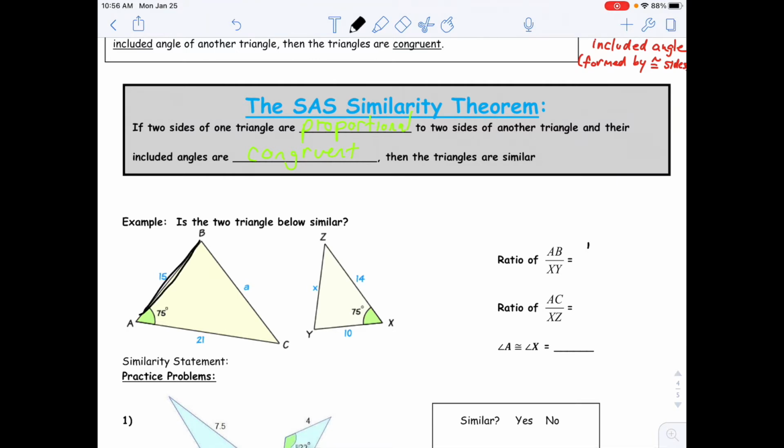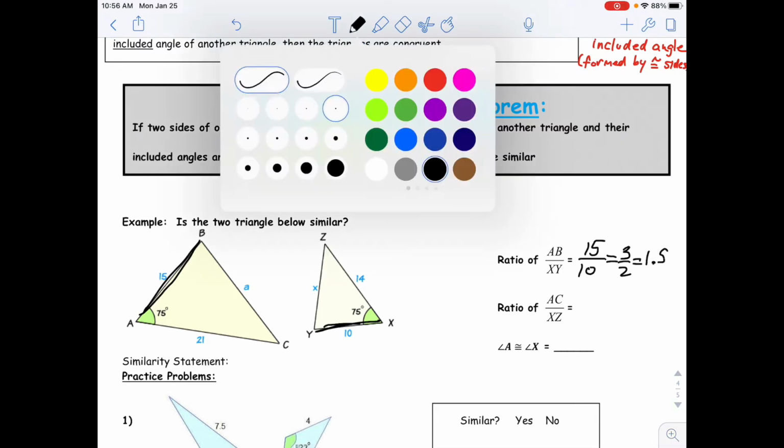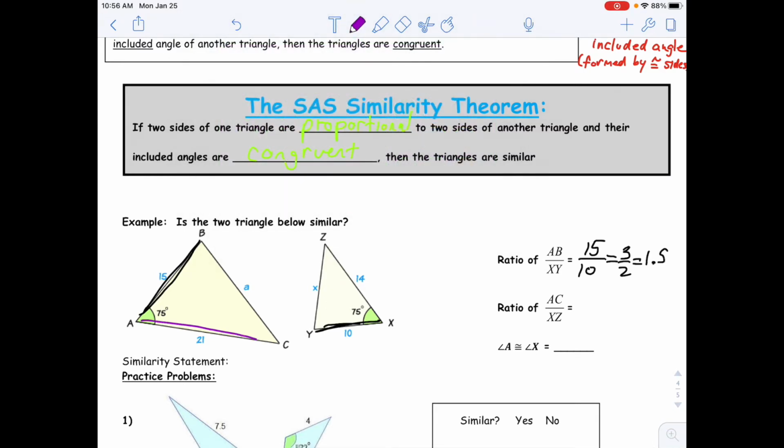Alright, so the ratio of A to B, or AB over XY, is 15 over 10, which reduces to 3 over 2 or 1.5. AC is 21, XZ is 14, 21, 14. OMG, this reduces to 3 over 2 or 1.5.